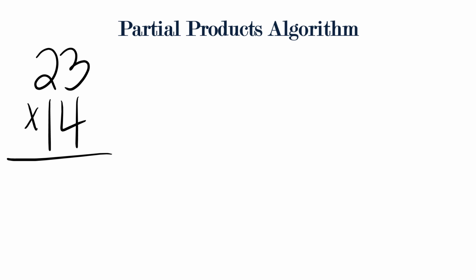Next, we have the partial products algorithm. It is a little bit complicated the first time you see it, but the concept here is that you are going to be multiplying each digit of a number in turn with each digit of another number, where each digit maintains its place value. For example, the 2 in 23 is actually 20, so it's 2 10s.